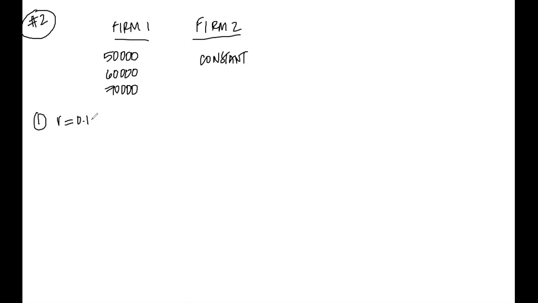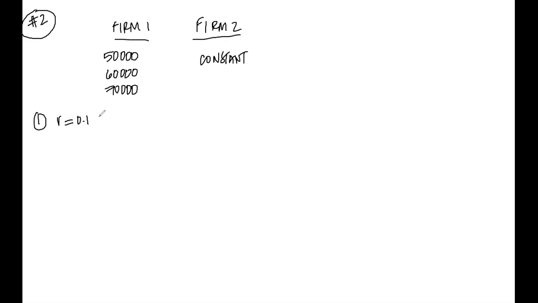What we want to know is what the difference of earnings needs to be to make the net present value greater than 0. Because when that difference of earnings is greater than 0, we can see that it's a better investment to take the job at the second firm where the wage is constant.